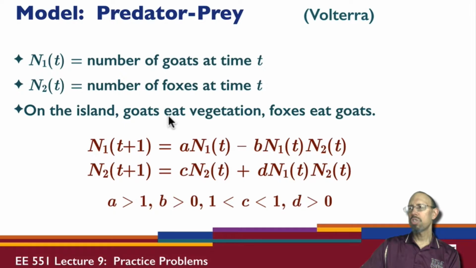On the island, goats eat vegetation, foxes eat goats. You can go through and show that the population change on the island can be written in terms of these 2 equations with some constants A, B, C, and D. So this is a predator-prey model.